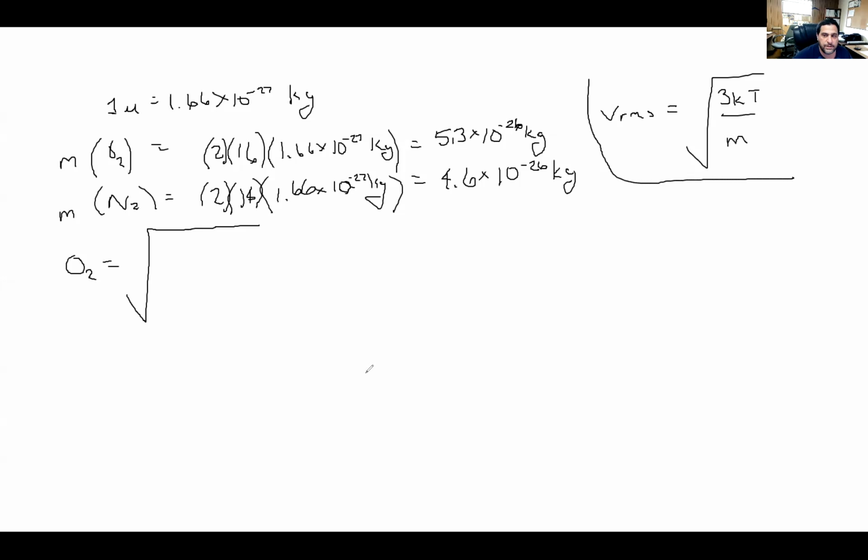So this is the equation that I'm using. So 3, Boltzmann's constant, 1.38 times 10 to the minus 23rd joules per Kelvin.